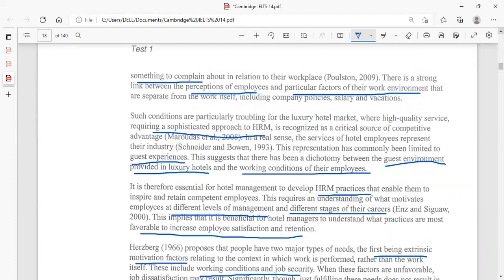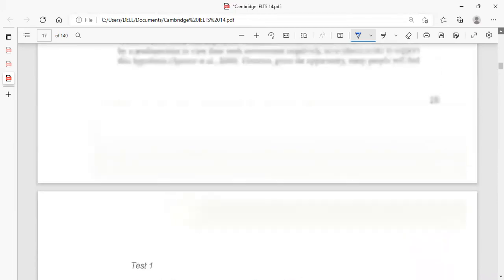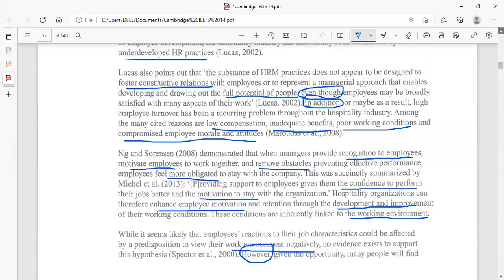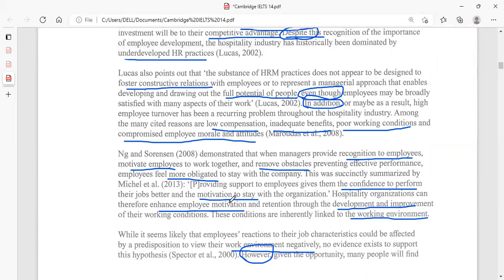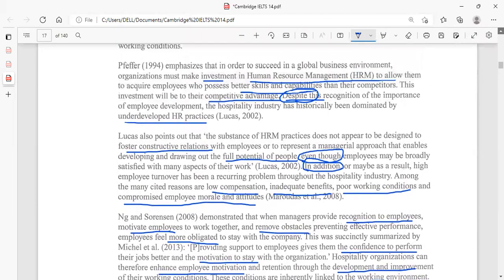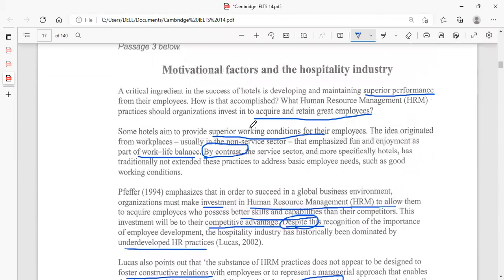Then go up and take this part. Then take this part.